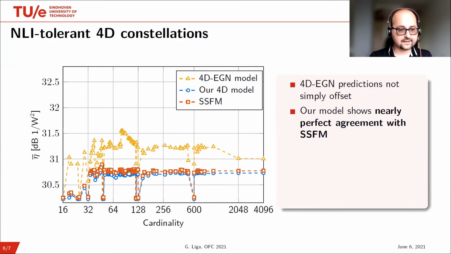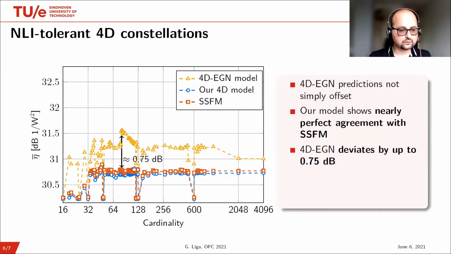And there is clearly an offset for the 4D EGN model compared to the true values of the NLI coefficient estimated through the split-step Fourier method, but also these values don't seem to be fully correlated to the actual values obtained through the SSFM results. And this is because the deviation is actually dependent on the specific modulation format that is analyzed. On the other hand, our model shows nearly perfect agreement with the SSFM results.